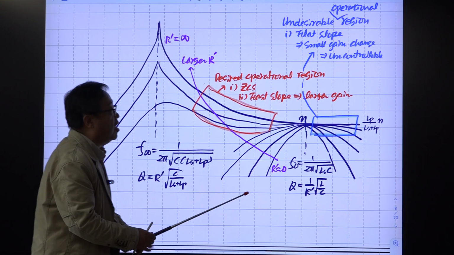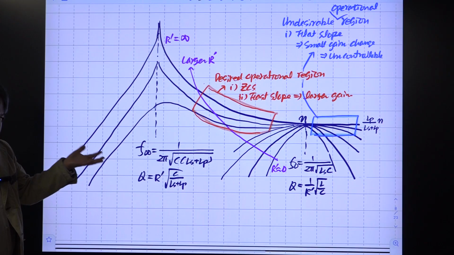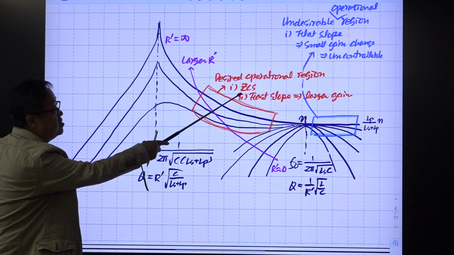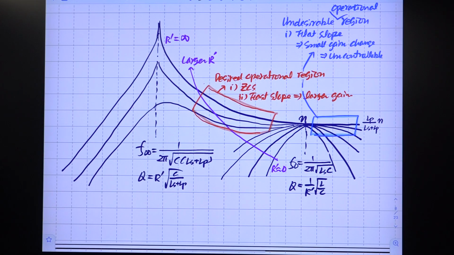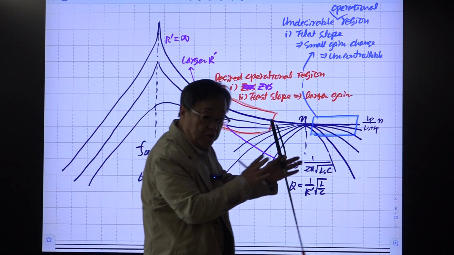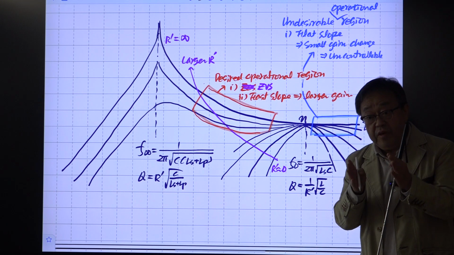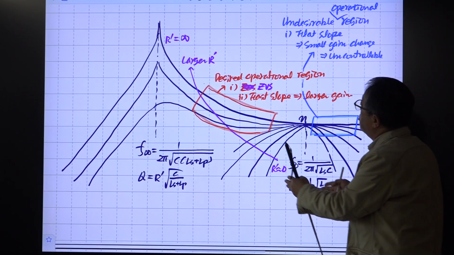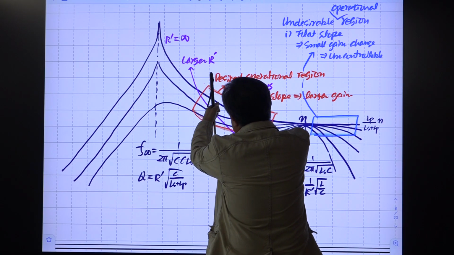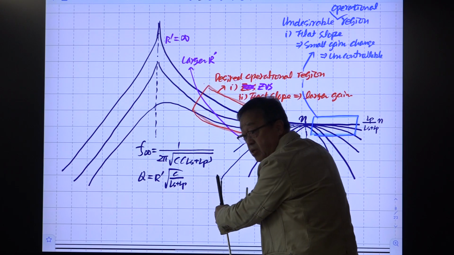So most people operate this LLC converter in this region, okay? Here, this is not GCS. It should be GBS. Then the slope is fast, so it is easy to control. To modify the regulation of the output voltage or output current, sinusoidal or DC, you just change the operational frequency in a narrow range.